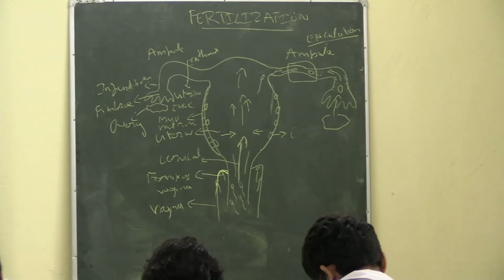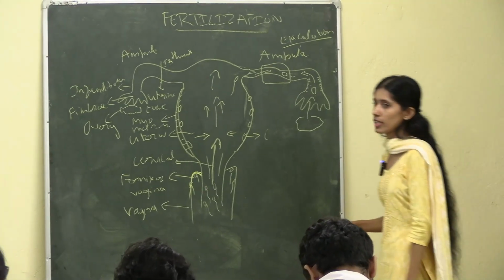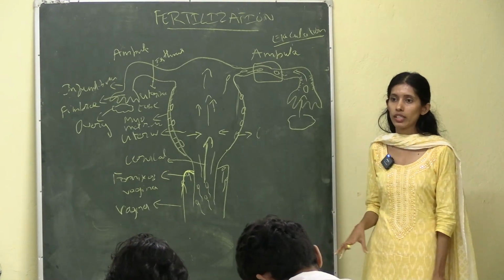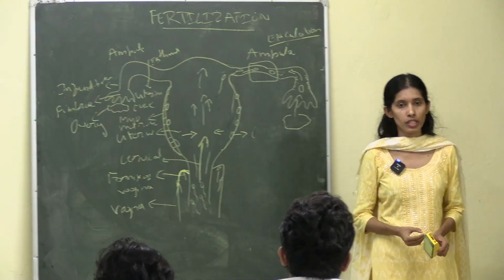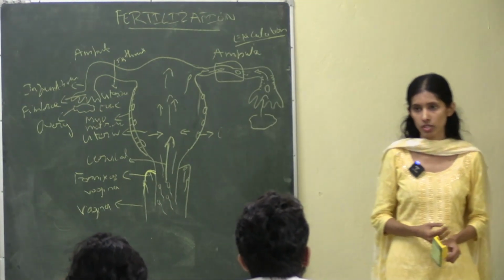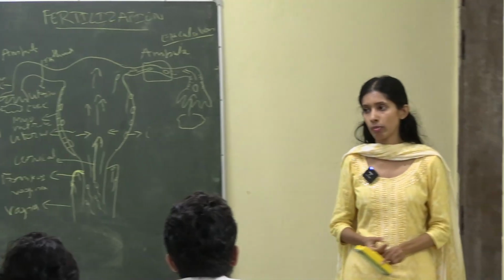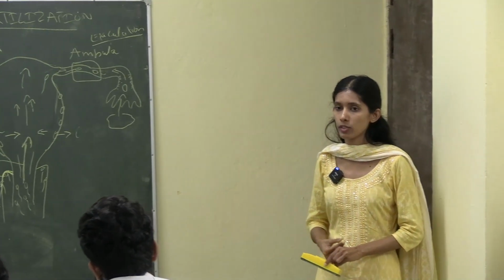Now we will see what changes happen in the male and female gametes before fertilization, because male and female gametes are completely different structures. What are the major differences?